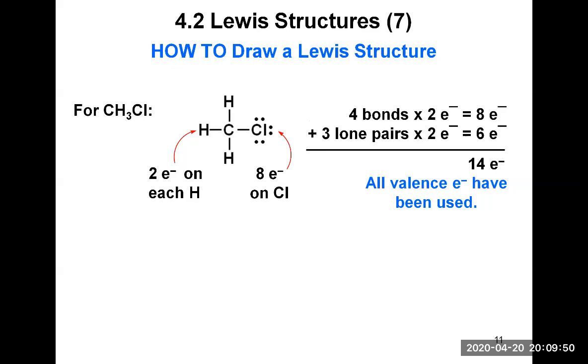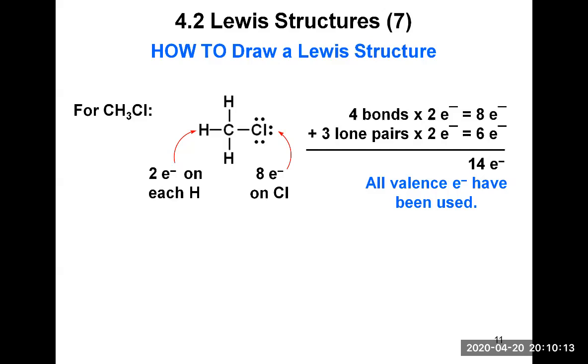And so you would give the lone pairs to chlorine, because hydrogen is already satisfied with 1 single bond. So you don't need to put lone pairs on hydrogen, and you would never do lone pairs on hydrogen. Hydrogen is always bonded with a single bond, and that's it.